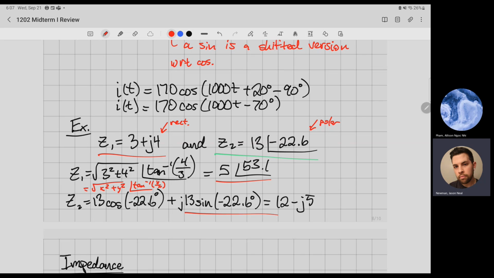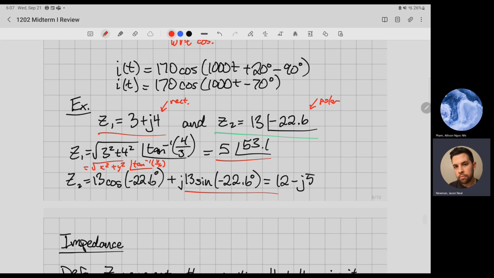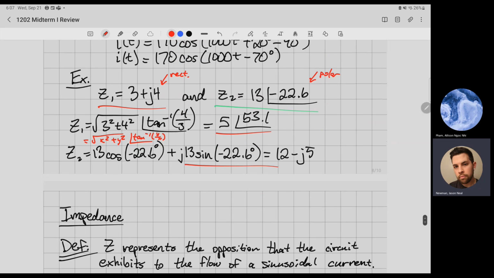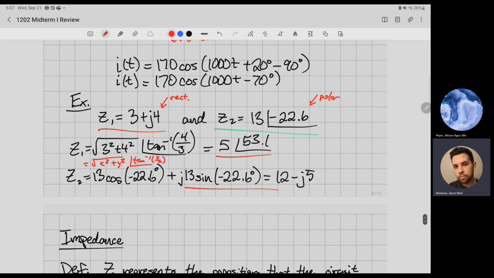You can round for these because you don't want to do rectangular form addition or subtraction with decimals. So now you have your z1 in rectangular and polar, and you have your z2 in rectangular and polar. You have both of them in the forms that you need to work with.